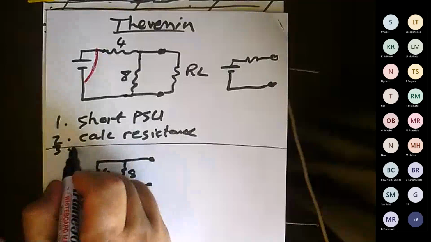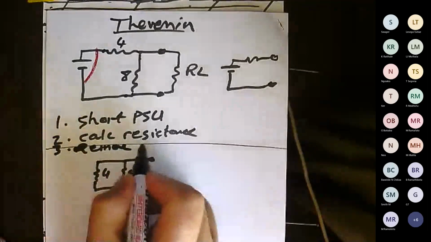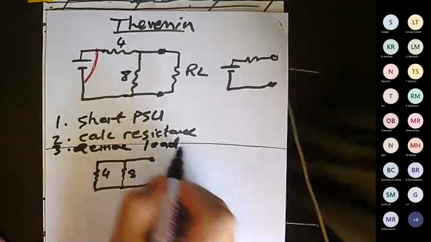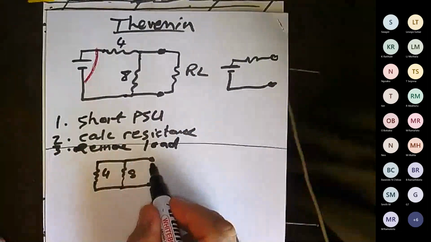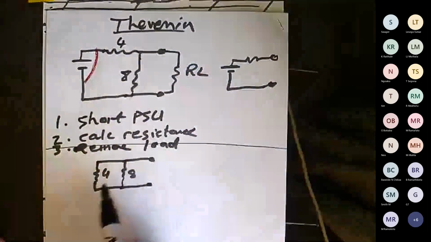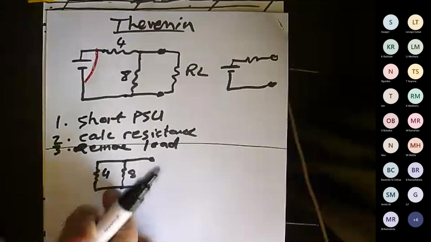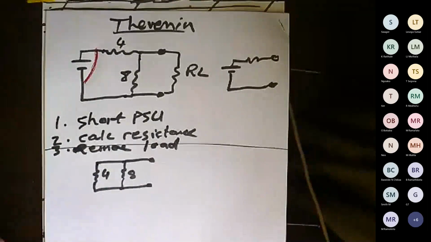My third step is remove the load. So I also remove the load. So in this circuit, the load is not there anymore. I remove the load. I shorted that, and then the 4 ohm is in parallel with the 8 ohm. I solve the circuit, and then I'm landing up with one resistor and one voltage source.